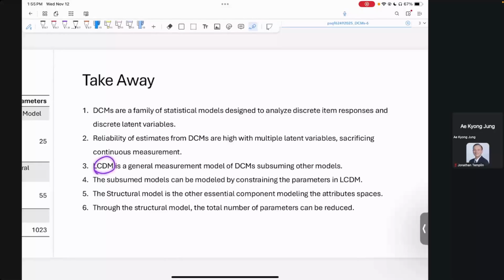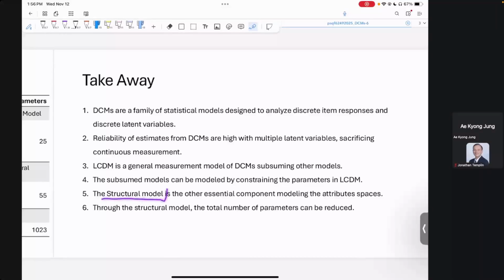And the LCDM is a general measurement model of DCM, subsuming other models like the DINA model and DINO model that we saw before by constraining the parameters in the LCDM. So the DINA model only has an interaction term. We're constraining the main effect to be 0.